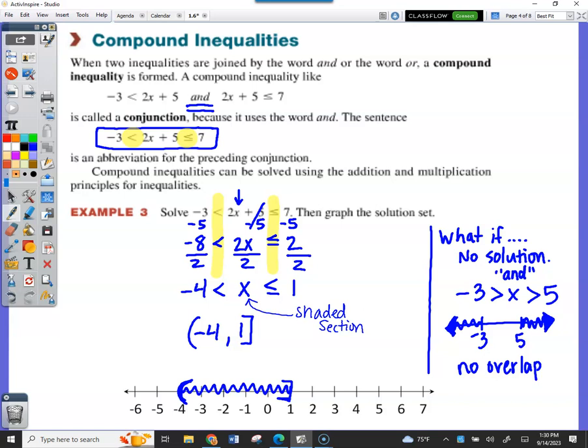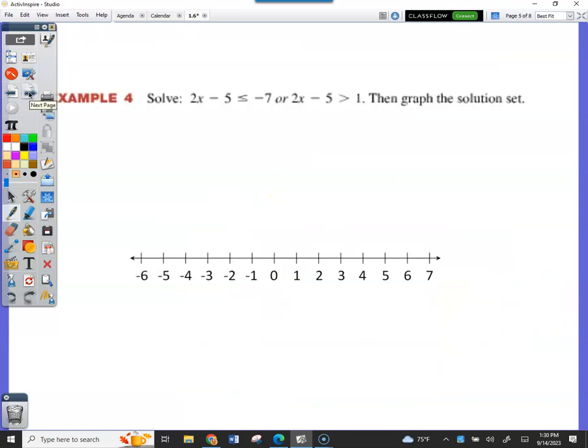The good news with or inequalities is they don't have as many restrictions. So go ahead and start this one. You will notice if it's an or inequality, you will actually see the word or. That's how you know. Every time.